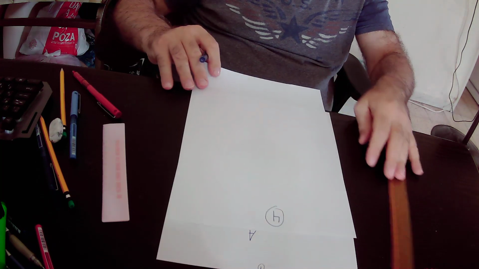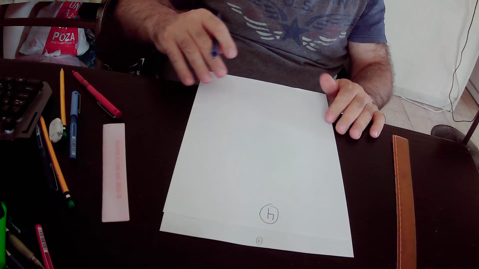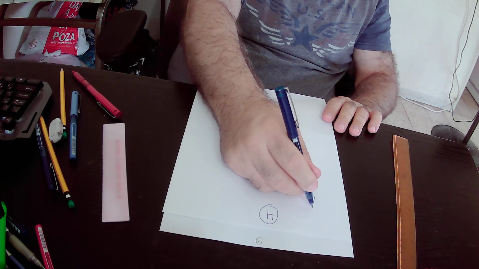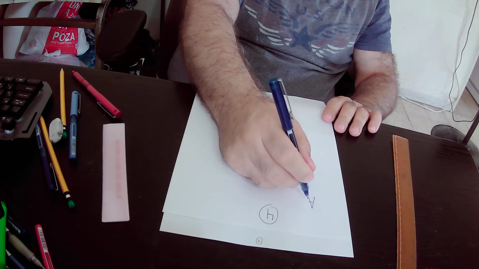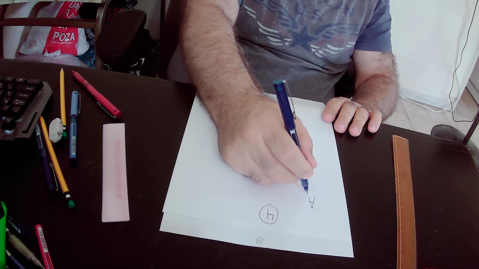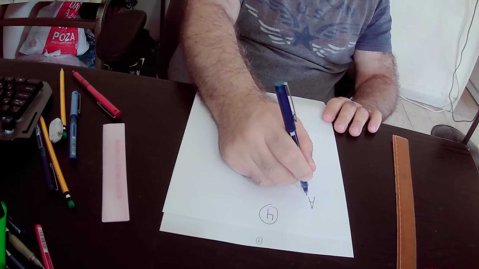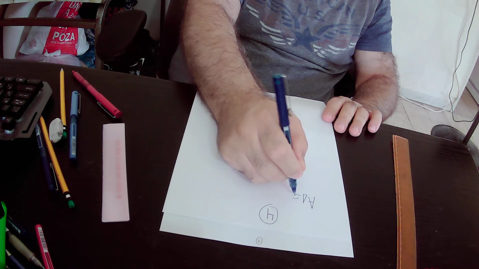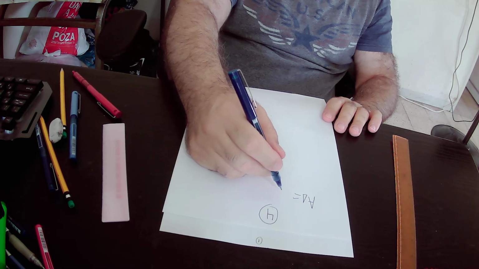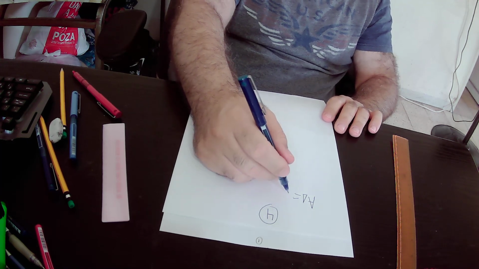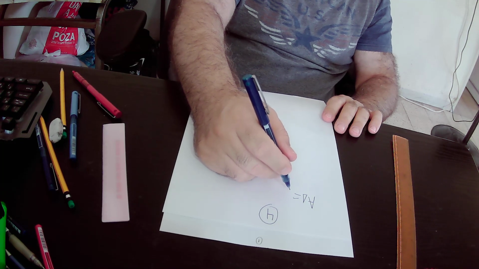So the new formula for calculating the area of any triangle, A is the abbreviation for area. So the area of any triangle can be calculated according to the following formula.